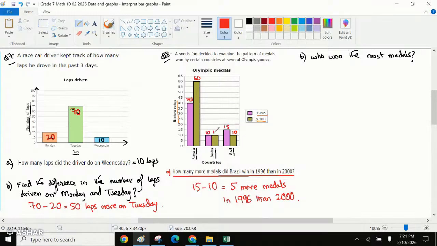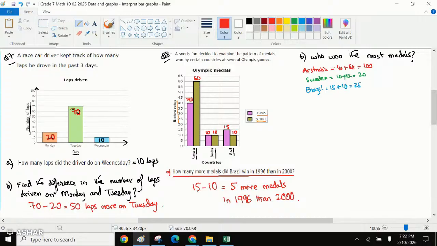This was 10 and 10, right? So for Australia, that would be 40 plus 60. The total was 100 medals, right? For Sweden, it would be 10 plus 10. That would be 20. And for Brazil, it would be 15 plus 10, that would be 25.